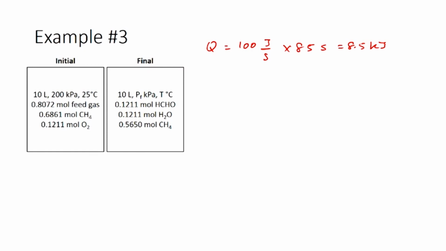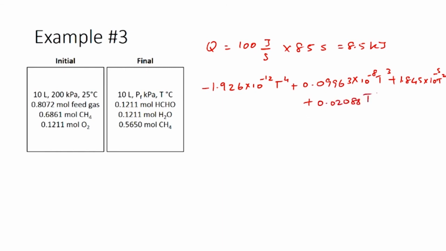Substituting all that into the general energy balance equation, we end up with a polynomial: minus 1.926 times 10 power minus 12 T power 4 plus 0.09963 times 10 power minus 8 T cube plus 1.845 times 10 power minus 5 T squared plus 0.02088 times T minus 43.29 kilojoules per mole, as the equation equal to 0.